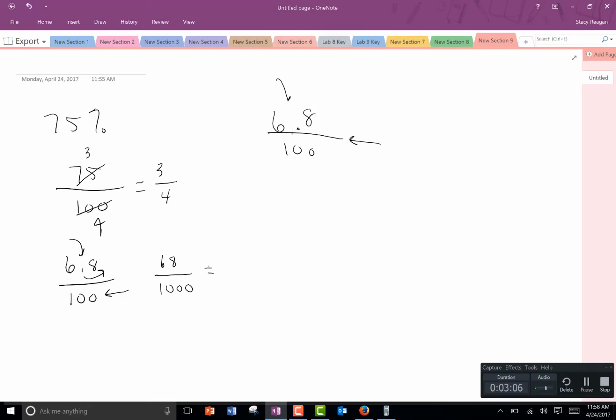So if you're doing this by hand now, we're going to say, well, 2 will go into 68 34 times, and 2 goes into 1,000 500 times. 2 goes into 34 17, and 2 goes into 500 250. So that's how the calculator is getting that answer. What you need to remember is if you're going to change a percent to a fraction, drop the percent sign and put it over 100 and reduce it.